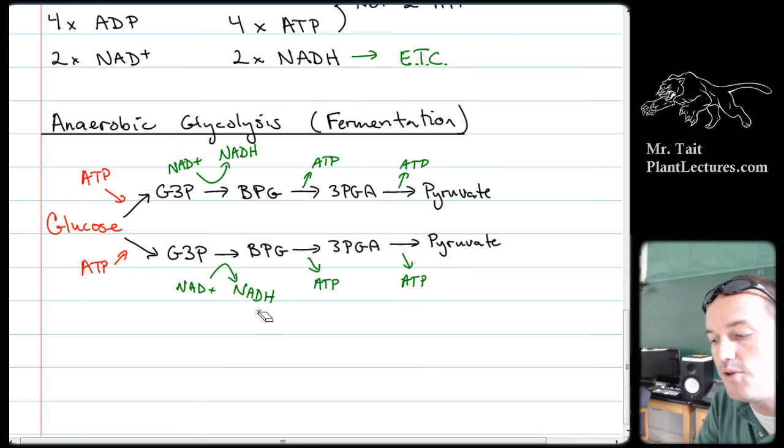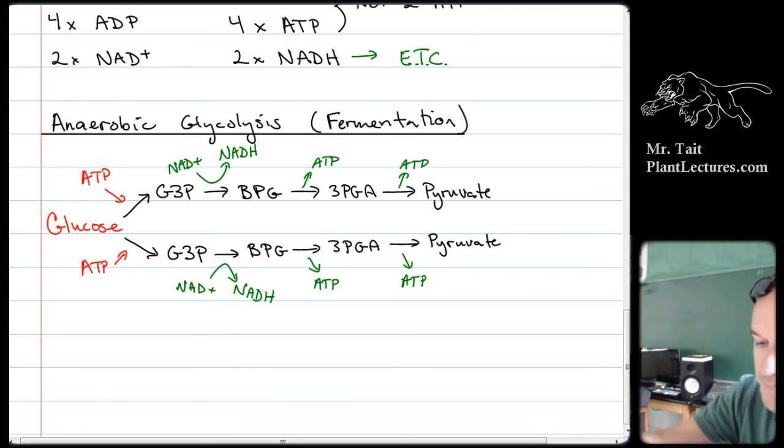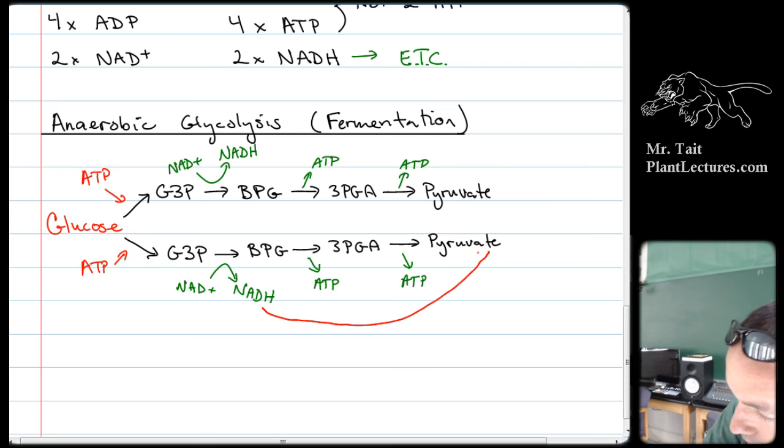Okay? So if you keep making NADHs and you never use them, you're going to run out of NAD+. And if you run out of NAD+, then you won't be able to go past this part of glycolysis, which means you'll never be able to make any ATP. Right? Which is bad. And we all agree that's bad. All right, so what's going to happen then is these NADHs are going to go and they are going to combine with the pyruvate.